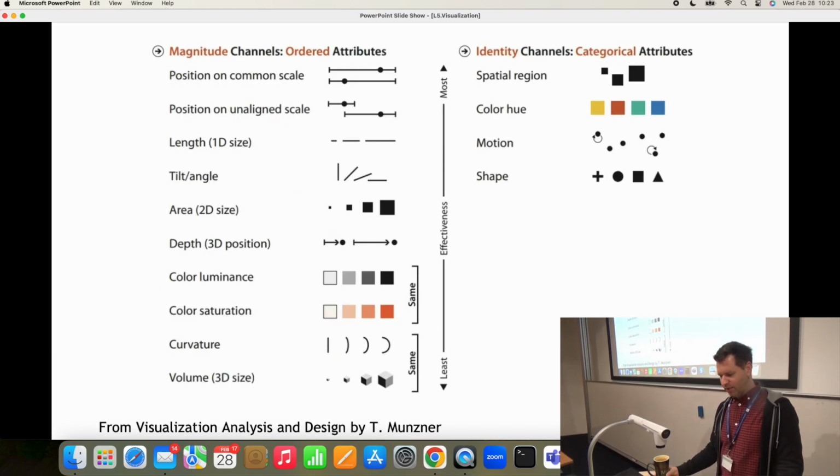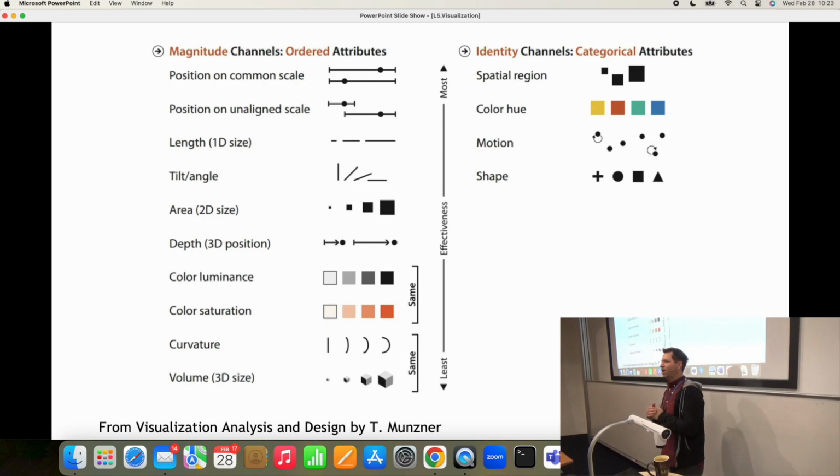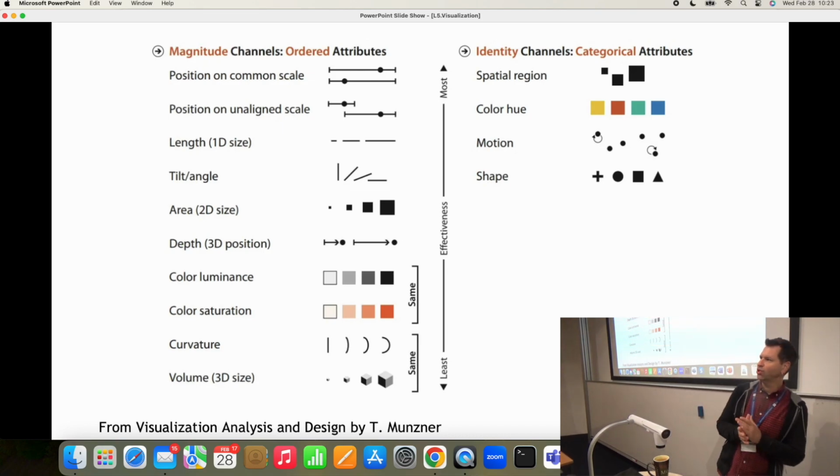And this is just a little summary that tries to indicate our visual preferences. Each mark and channel has a kind of strength and a rank. And there's different research to try to rank the strength of these marks and channels. Like if you have to choose between area and position, what do you choose?